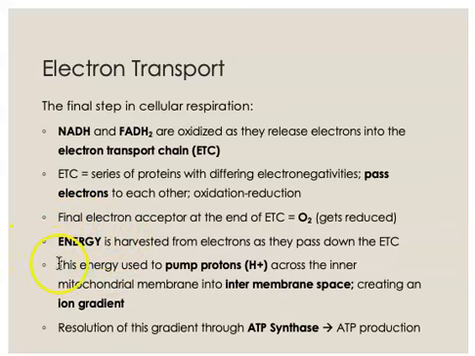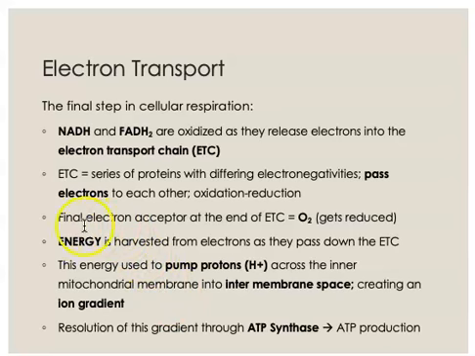So this energy is critical, because the energy is what we will need to make ATP ultimately. The energy will be used to create the hydrogen ion gradient that will then be used to build ATP.